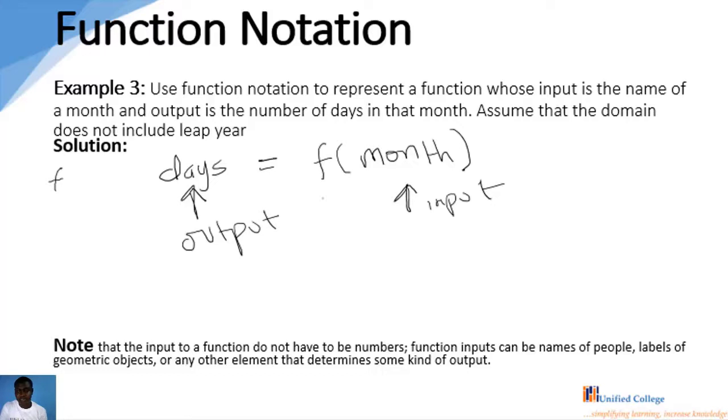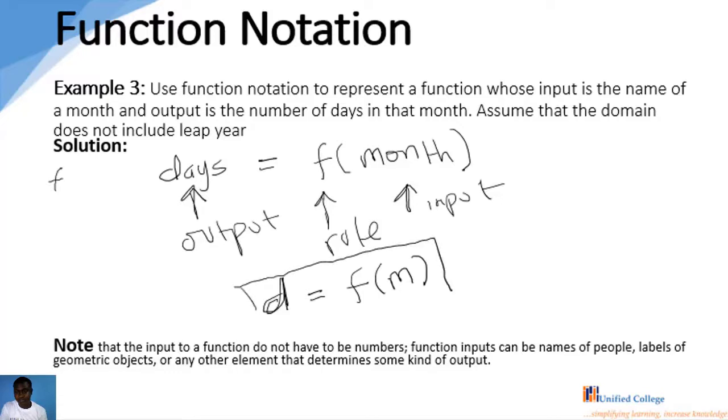Okay, while this f here is the rule or the function, if we represent days by just d, and we represent our month by just m, then we have been able to use the function notation to represent a function whose input is the name of the month and the output is the number of days.